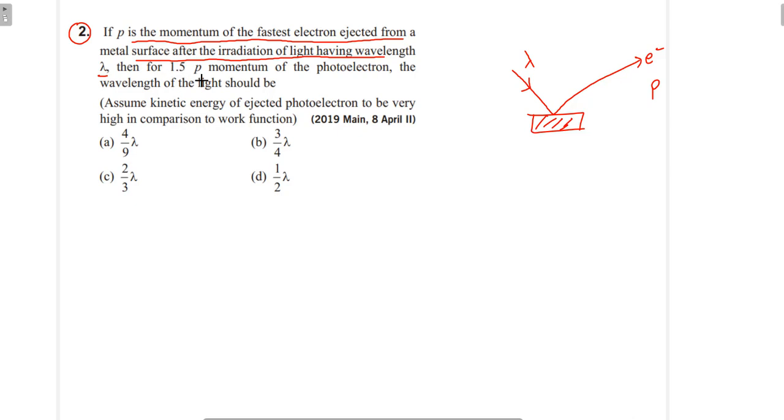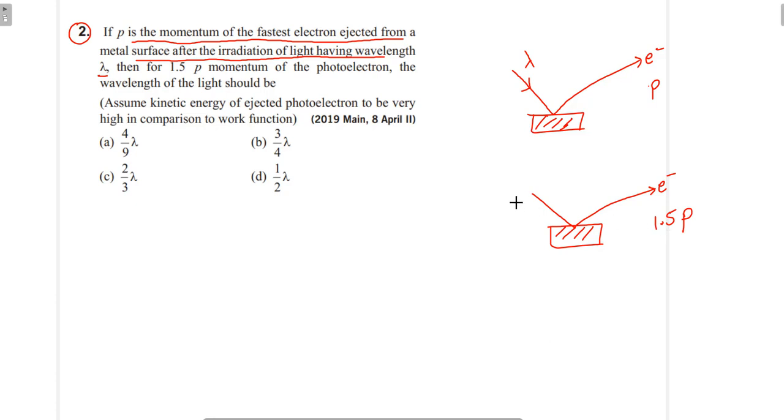Then for 1.5 p momentum of the photoelectron, the wavelength of the light should be? So in the next case, again light is falling, electron ejected. In this case, this electron momentum is 1.5 p, that is 1.5 times more compared to this.